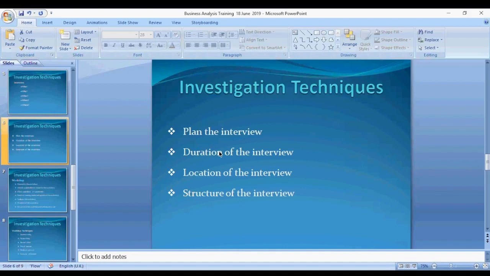So that's for the planning of the interview. And we talked about the duration of the interview. They usually advise that the interview should be within 30 minutes to 1 hour. It should not exceed 1 hour.